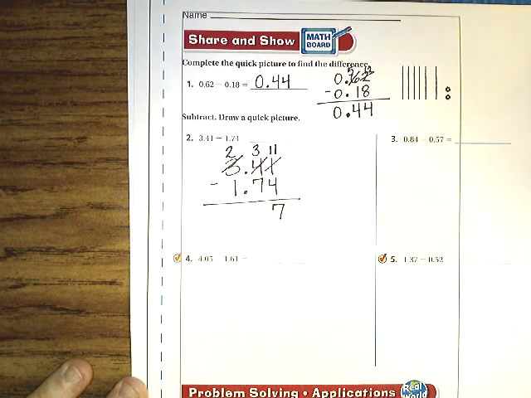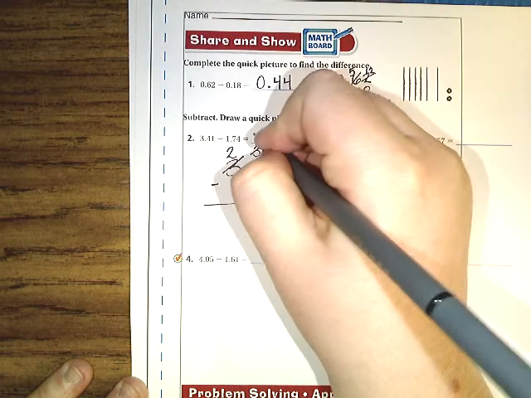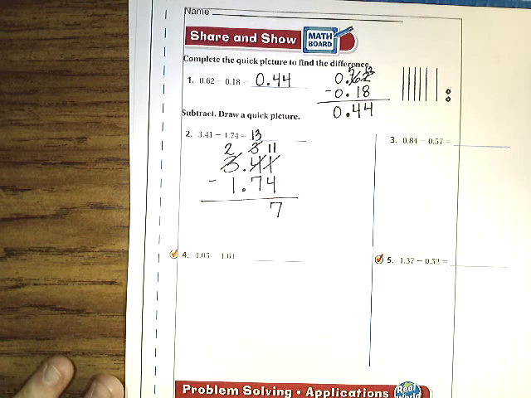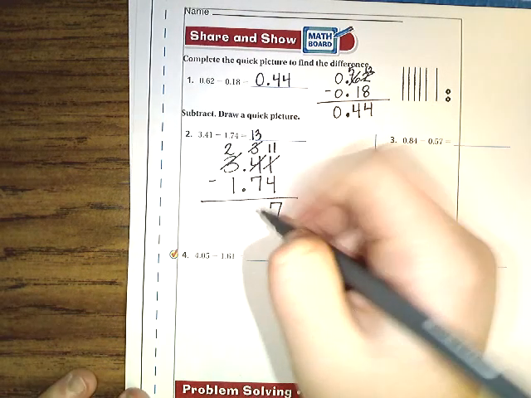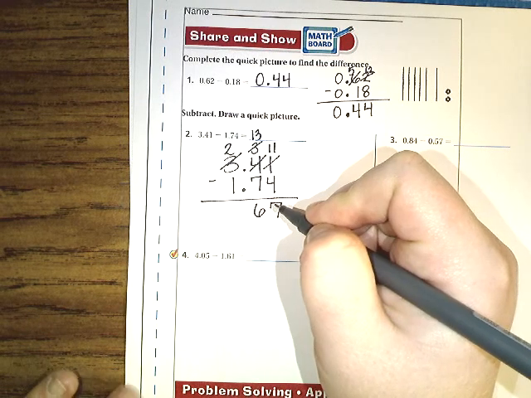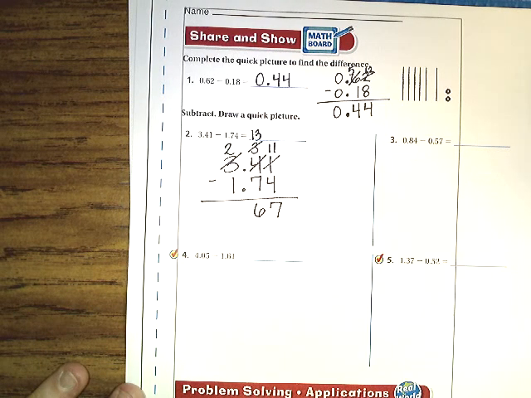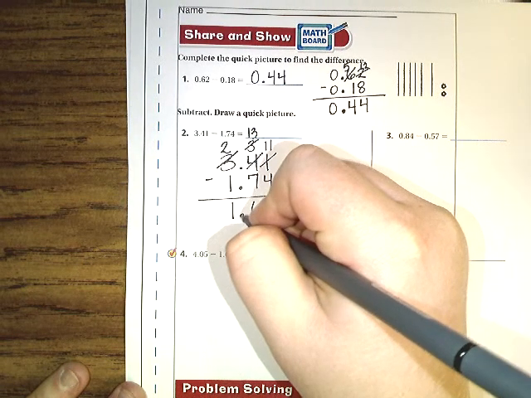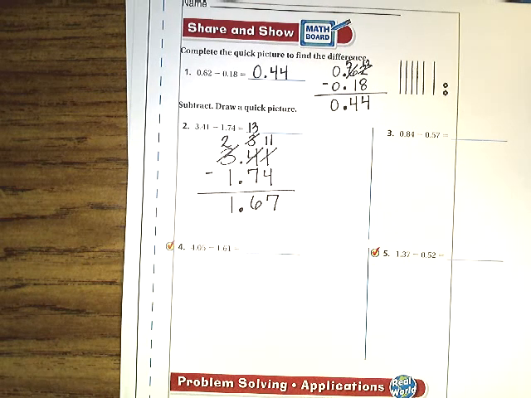That becomes 2. This 3 becomes 13. And 13 take away 7 is 6. And then 2 take away 1 is just 1. Bring our decimal point straight down. So our answer is 1 and 67 hundredths.